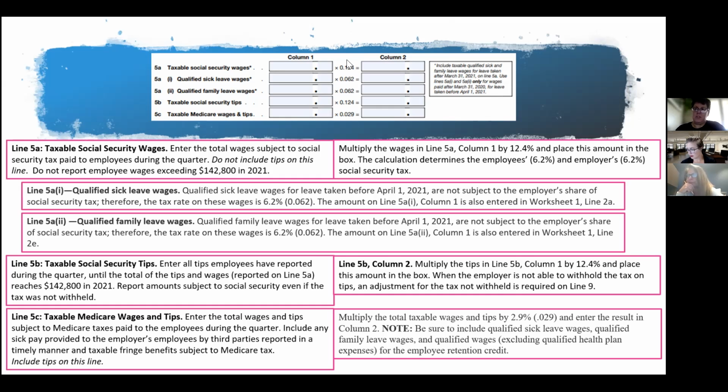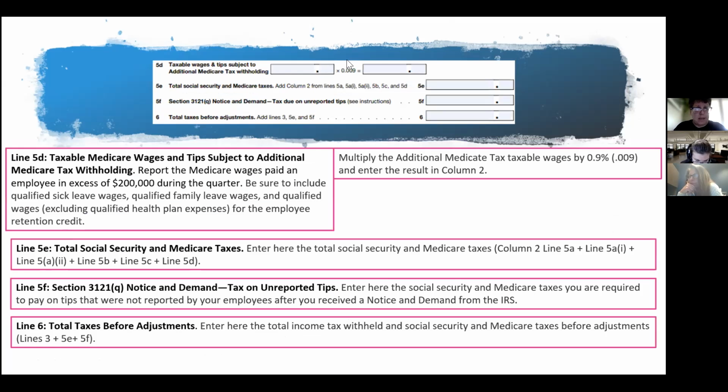I know that people think there's a $200,000 limit, but what that is, once you hit that $200,000, which is on the next page, line 5D, the employee is subject to another 0.9% tax on top of that. But you're always going to have a Medicare tax. Your Social Security tax stops at a certain point, but you're always going to have the Medicare tax.